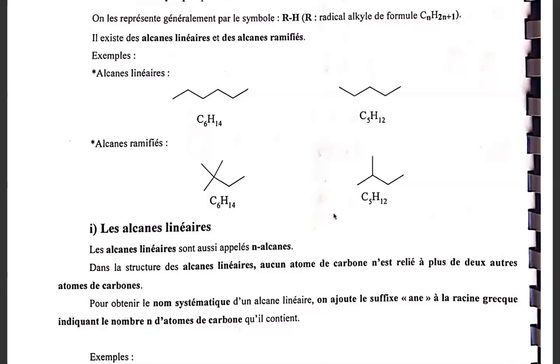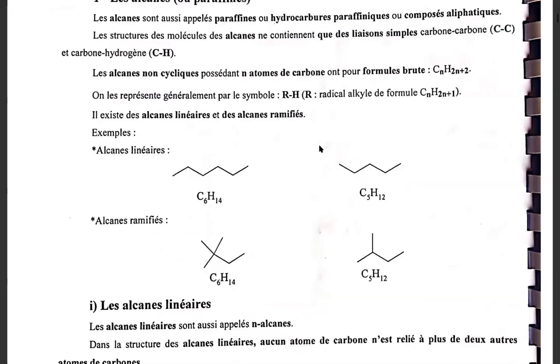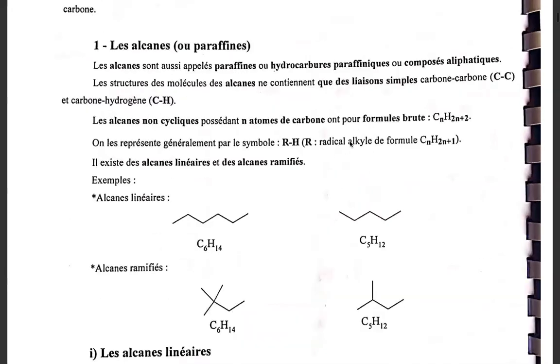So if we remove one hydrogen atom, it now becomes an alkyl. So what happened is alkane is spelled A-L-K-A-N-E. Now we remove the suffix A-N-E and replace it with Y-L-E.